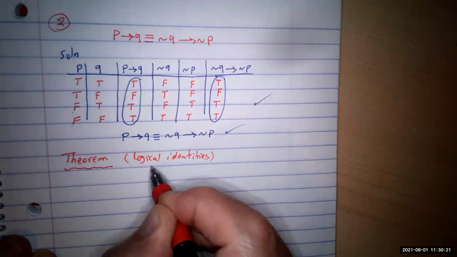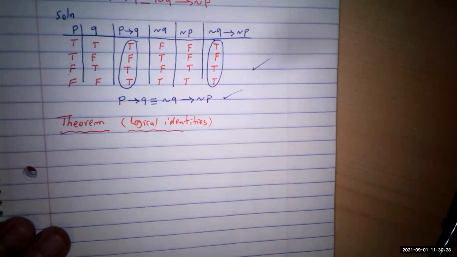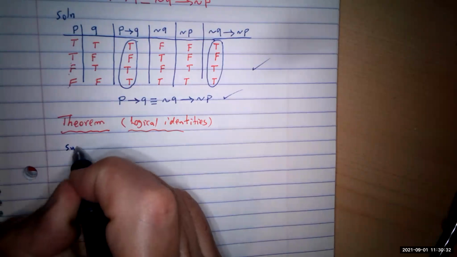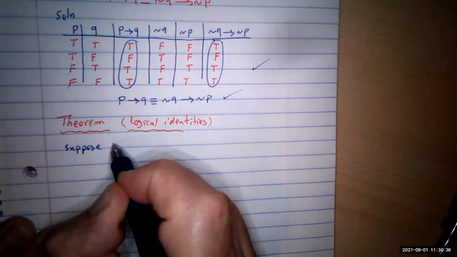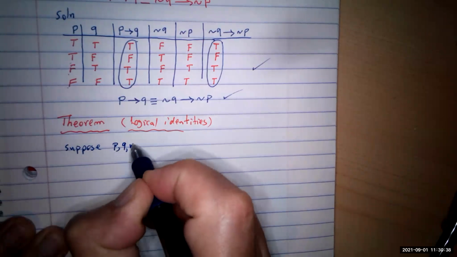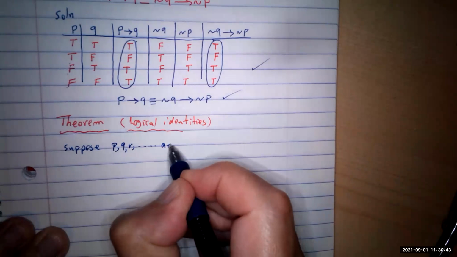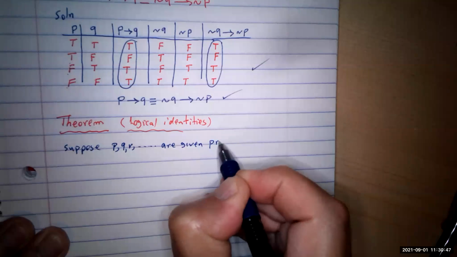And some of them are obvious, a couple of them are important, so I'm going to give you the hint which are going to be more important. So suppose you start with some atomic propositions. Suppose we have the P, we have the Q, we have the R, etc. These are given propositions.